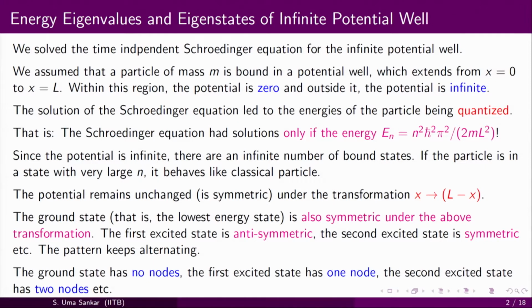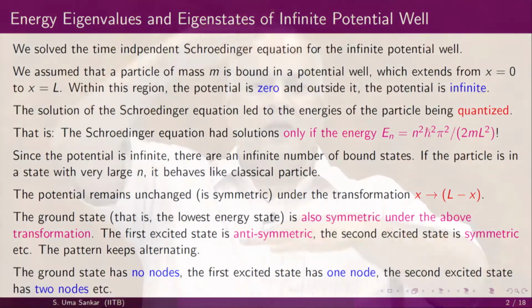That is, there are discrete energy levels, and each energy level is described by a natural number n, and En is equal to n square pi square h cross square by 2ml square.